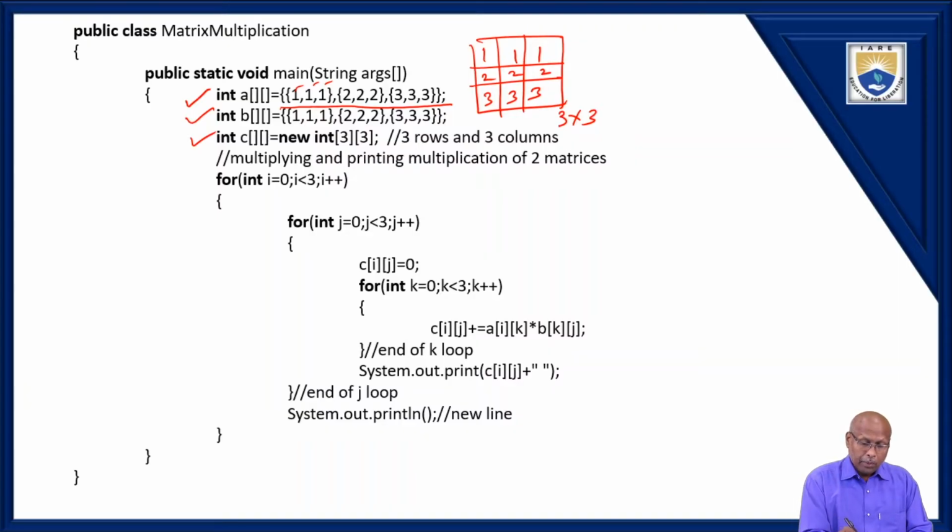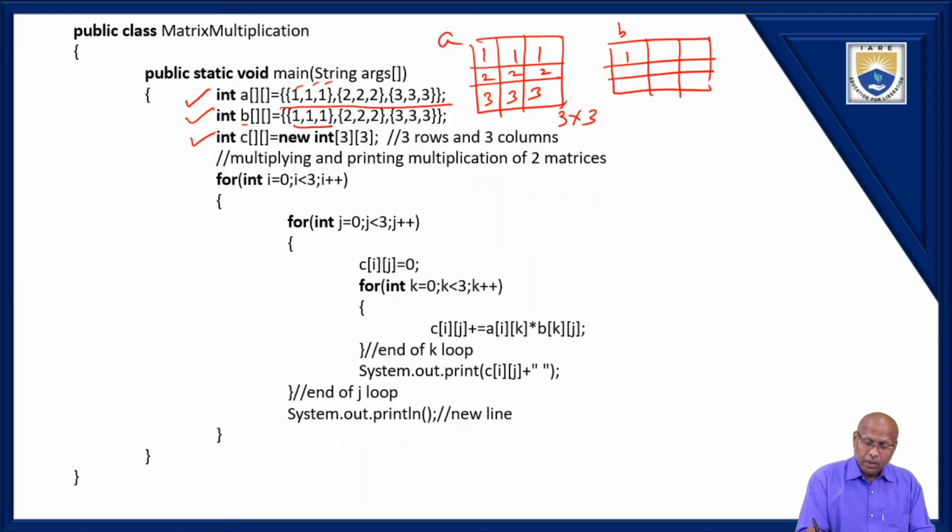Next, B matrix. This is A. Similarly, B matrix. B is how much? This is also 3 by 3. Here also 1, 1, 1, 1, 1, 1. Then 2, 2, 2. Then 3, 3, 3.